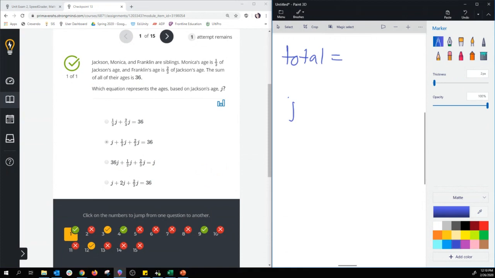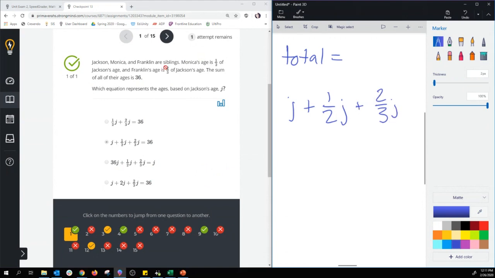Monica is 1/2 of Jackson's age, so I would have 1/2 J. And Franklin's age is 2/3 of Jackson's age. So J plus 1/2 J plus 2/3 J.